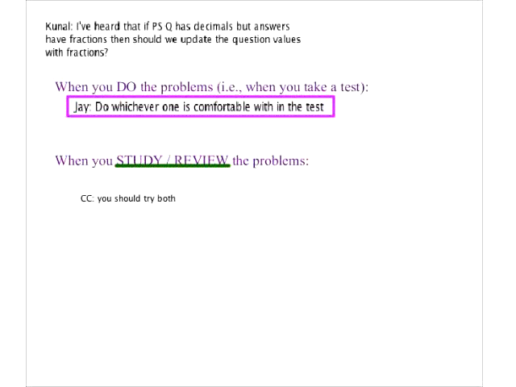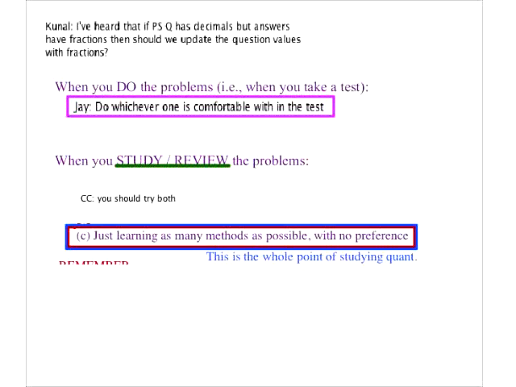That's really the only point. The point is just learning as many methods as possible without a preference. Remember, that's what we said in the other page was the whole point of studying quant. Because that way you can just pick and choose from the methods that come to mind. All right, nicely done.